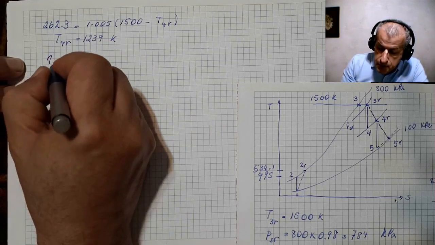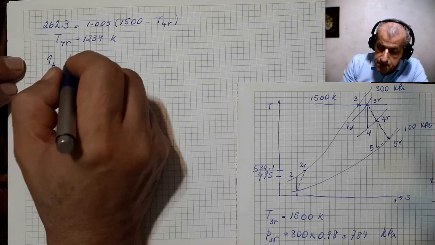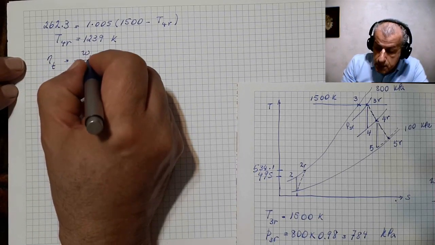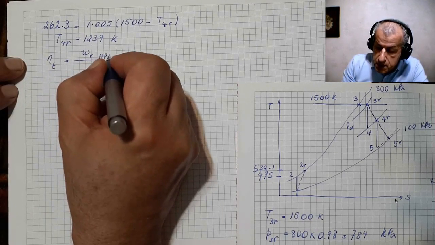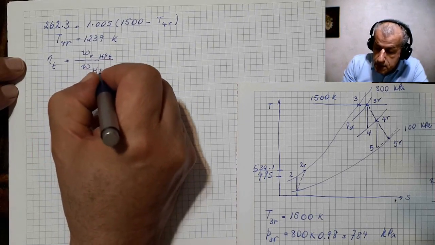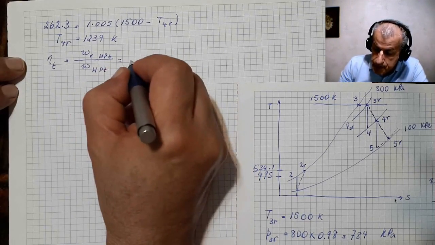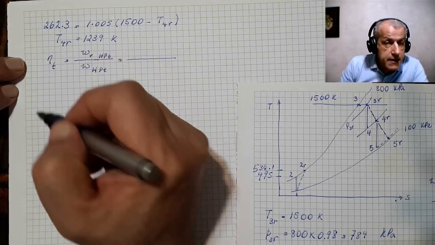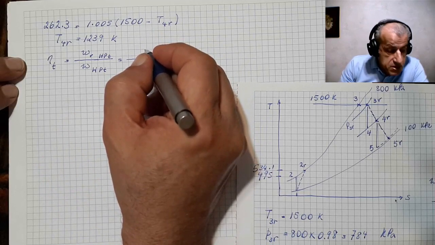So eta T, which is the turbine efficiency, equals the real work of high pressure turbine divided by the ideal work of high pressure turbine. And just canceling Cp0 from numerator and denominator, then you will be left with temperatures.